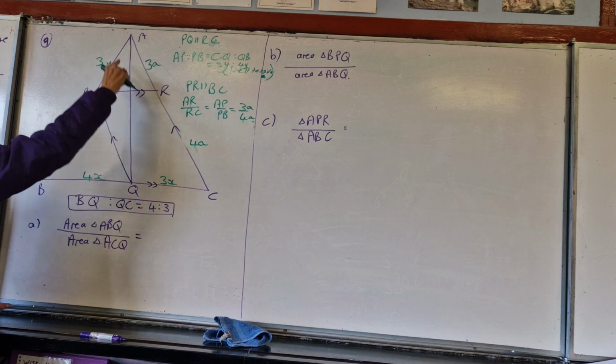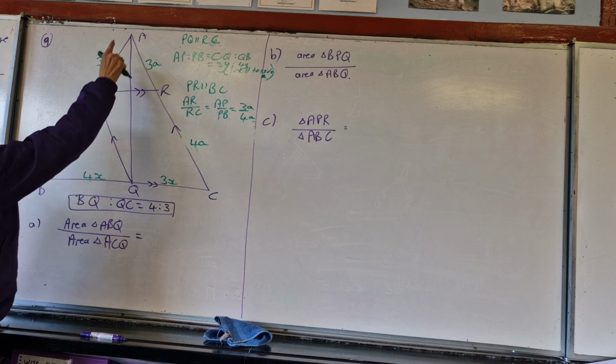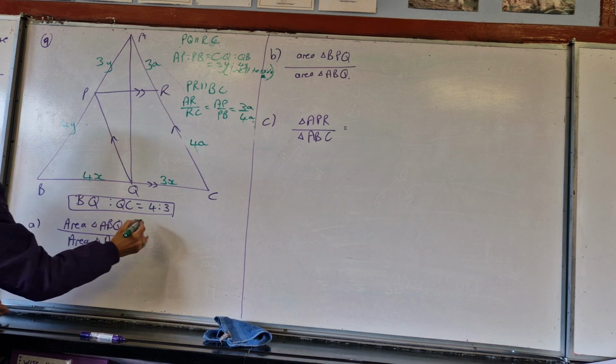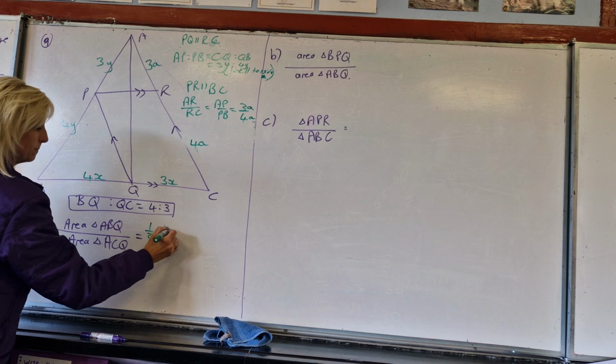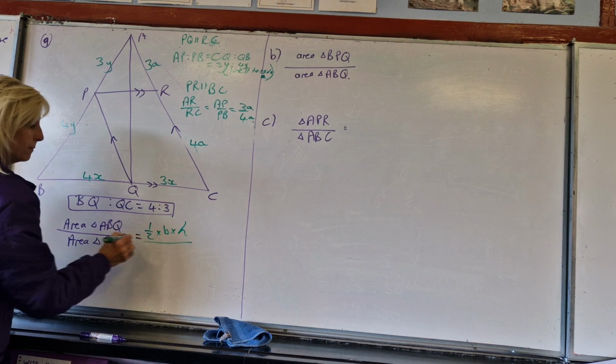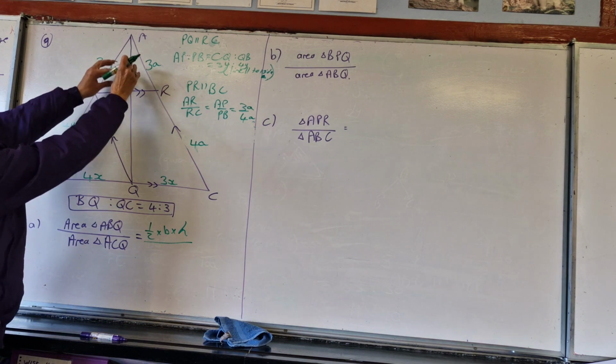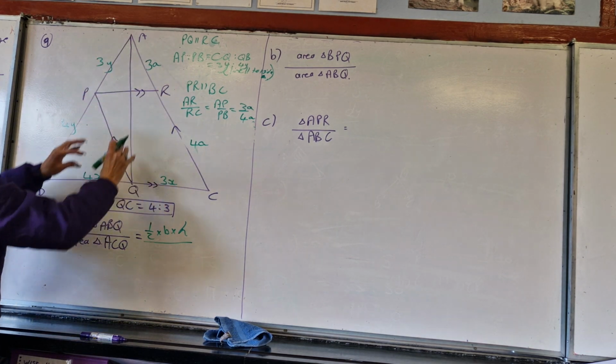ABQ is this whole left-hand side, and ACQ is this whole right triangle. Do you see it? What do you know about these areas? Like in the theorem, the formula is half times base times height. And in these two triangles, I've got the same. How come?